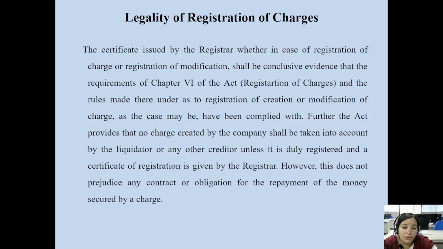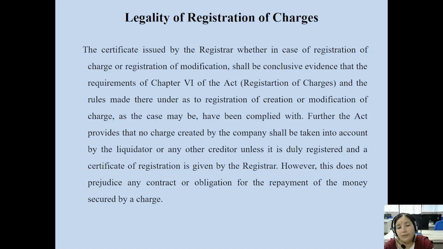That gives you obligation because it is registered in the register of charges and a copy is duly submitted to the registrar of companies for record purposes. It does not prejudice any contract obligations for the repayment of money secured by a charge. So this gives you legality. This gives you validity of your registration of charges.